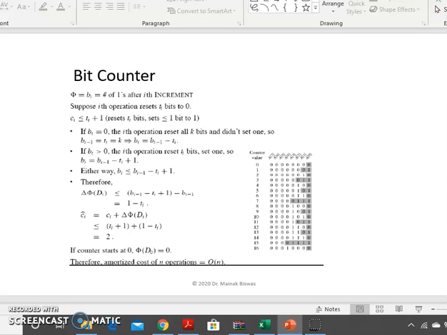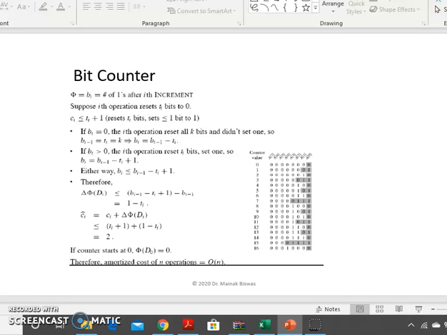Supposedly the ith operation resets ti bits to 0, and the potential is equal to the number of ones after the ith increment. So the cost is less than or equal to ti plus 1. The actual cost is ti plus 1, which means it is resetting ti bits, that is the flipping, and plus 1, that is it sets at most 1 bit to 1.